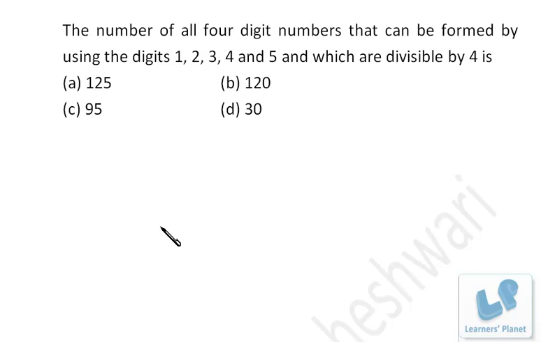Now the next question is the number of all 4-digit numbers that can be formed by using the digits 1, 2, 3, 4 and 5 and which are divisible by 4. Now friends, what's the divisibility test of 4? The last 2 digits should be divisible by 4. So first of all, from these 5 numbers we have to make the various combinations of digits which give us the last 2 digits divisible by 4, right?